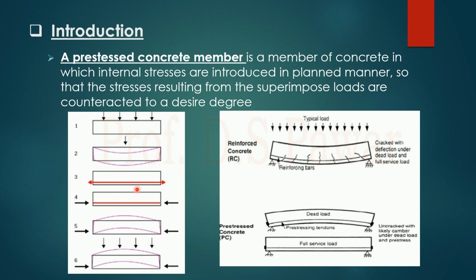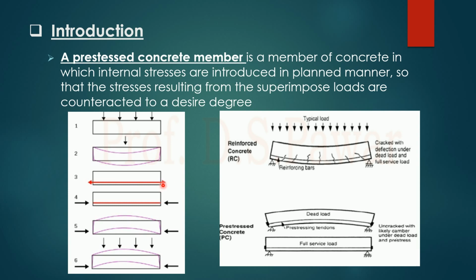Please remember one thing: before using the member, suppose we construct a beam girder, and in the factory we cast the girder, and that girder is a prestressed girder. Initially we apply some compression force at the bottom of the beam.